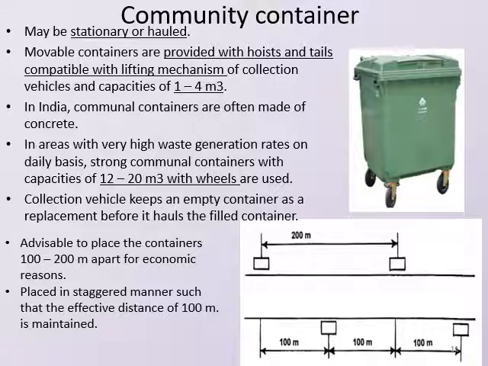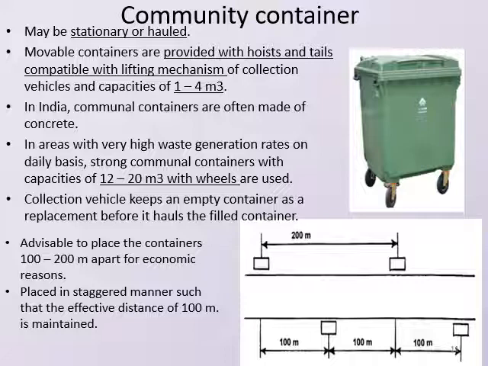May be stationary or hauled. Movable containers are provided with hoists and tails compatible with lifting mechanism of collection vehicles, and capacity is 1 to 4 cubic meter. In India, communal containers are often made of concrete. So if it is made of concrete, it is stationary, obviously.